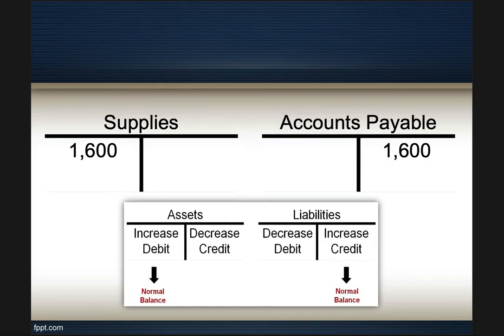You have a T account for supplies and a T account for accounts payable, and you have recorded those in debit and credit respectively. I have posted again the normal balances so that you can follow that all increases in assets are recorded in debit and all increases in liabilities are recorded in credit.